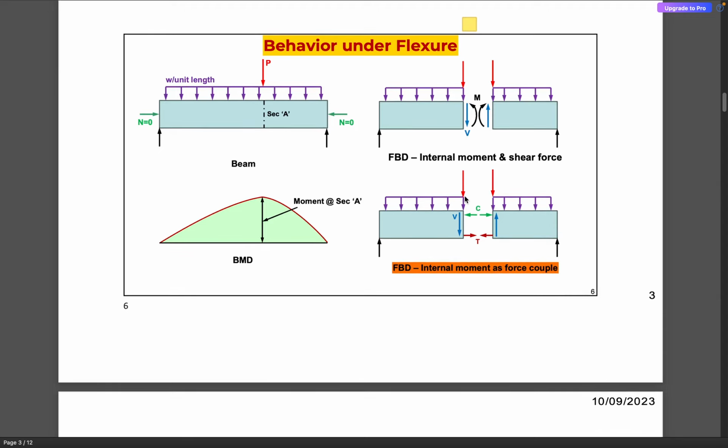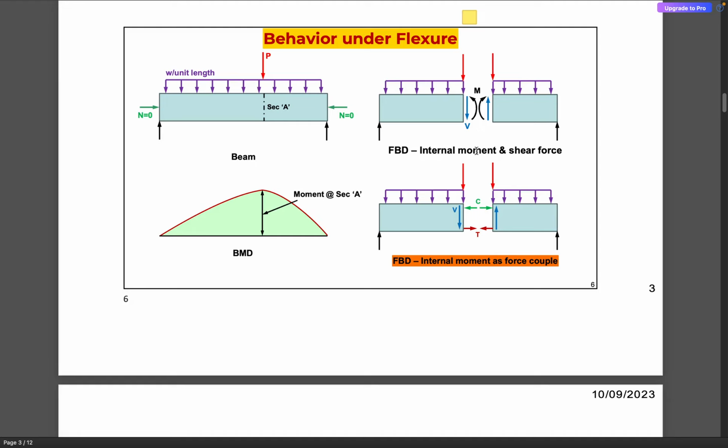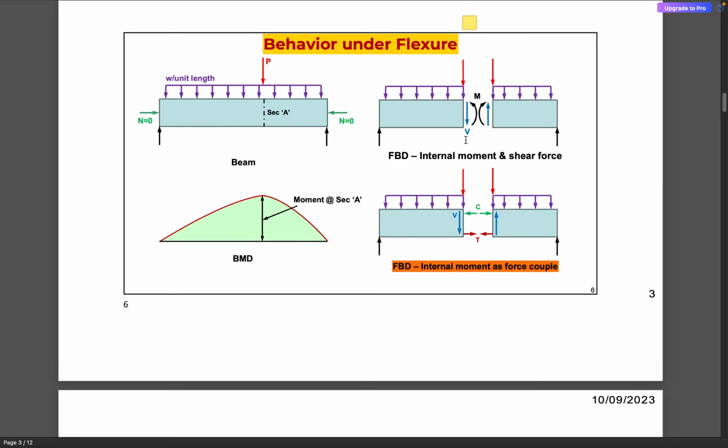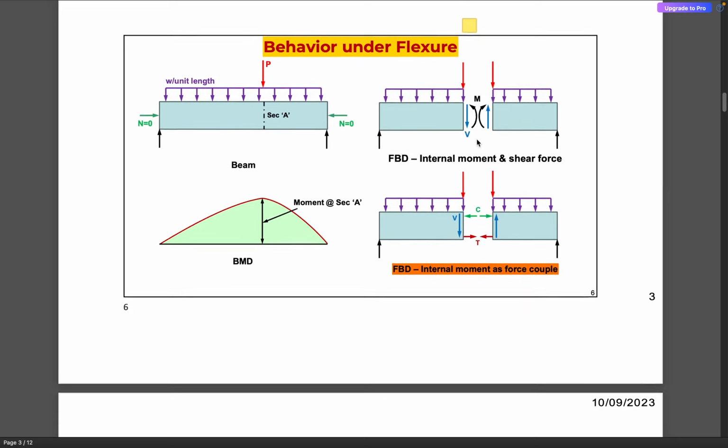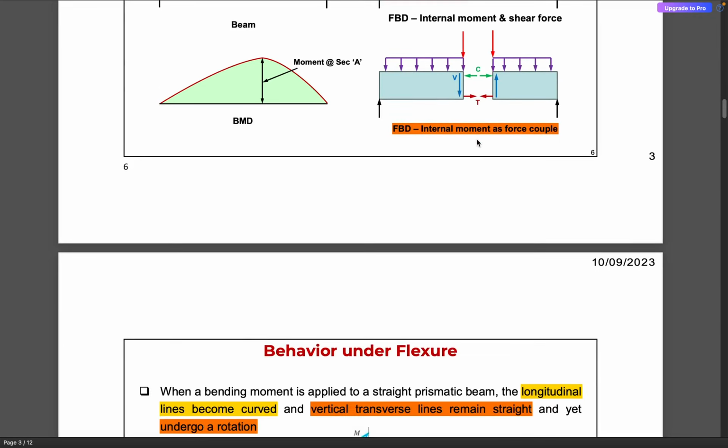Essentially, the bending moment is just a couple which is formed because of the action of compressive and tensile forces at the cross section of the beam. So we are going to study how exactly these external loads manifest themselves in the form of moment of resistance and the bending moment in this particular session.